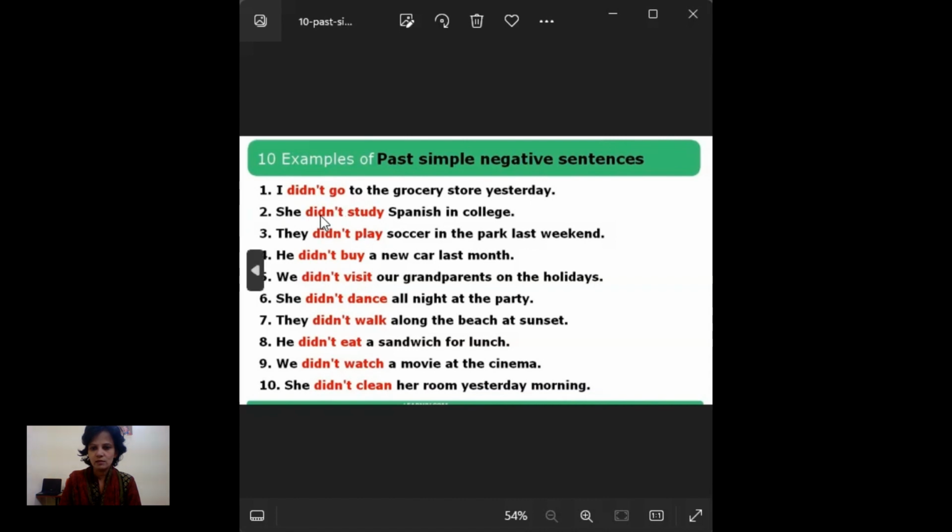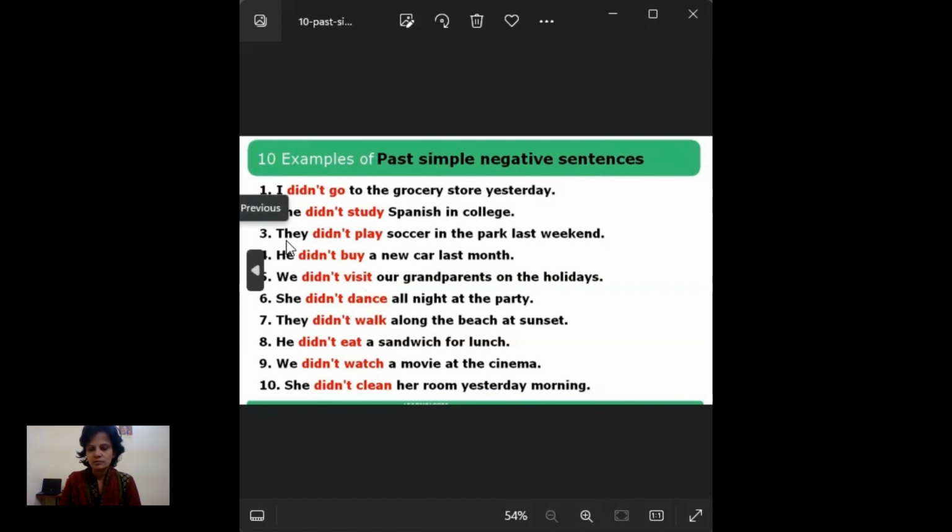We use the auxiliary verb did and the negative form not. When we want to say some action or event did not occur in the past, that is where we use negative not, and base form verbs like go, study.